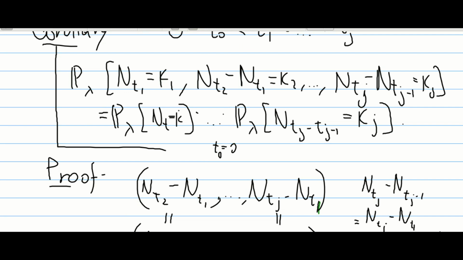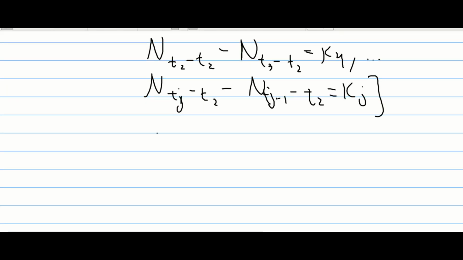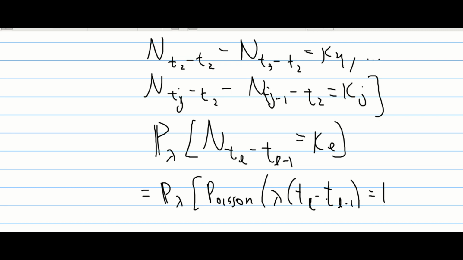And by the way, look at all these random variables here. They are just looking at the distribution of N at some time. So we finish the proof of the corollary, right? Whenever we write N(tl) minus N(tl-1) equals kl in the above product, what we have is just the probability that a Poisson random variable with parameter lambda times (tl minus tl-1) is equal to kl.